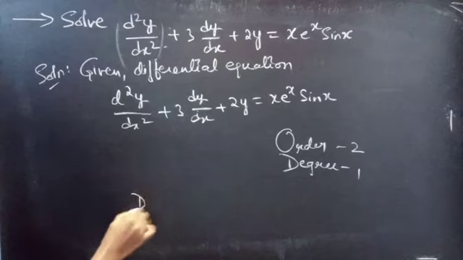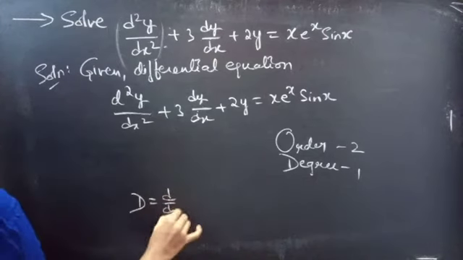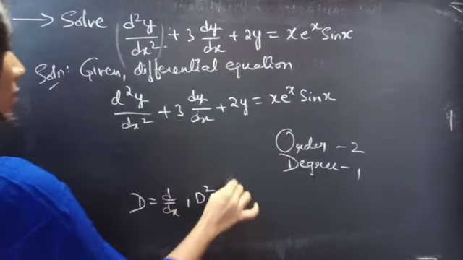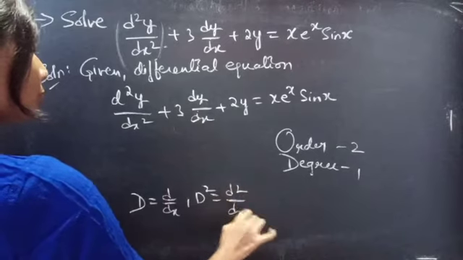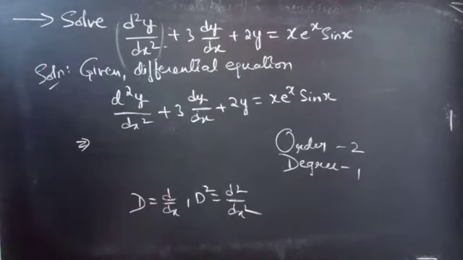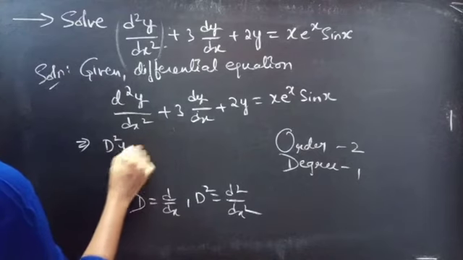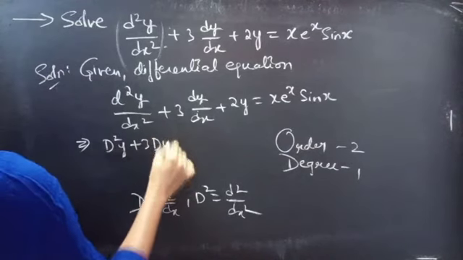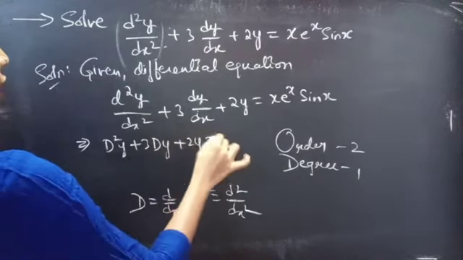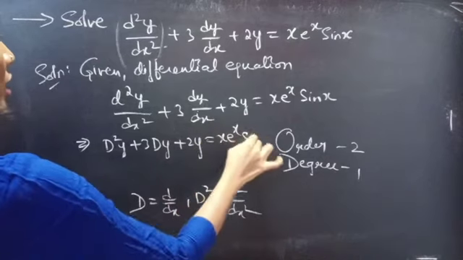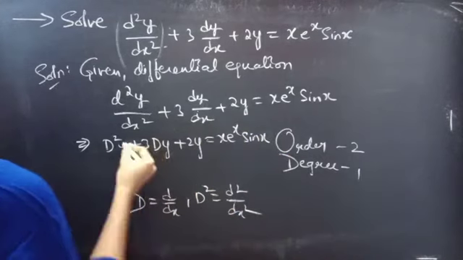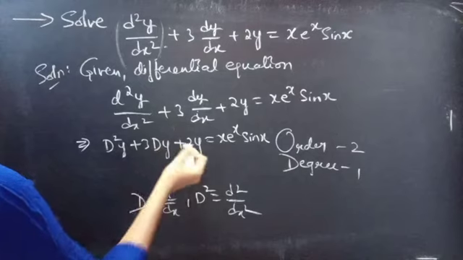We know that D is a differential operator, then D² will be d²/dx². Now we can write the given equation as D²y + 3Dy + 2y = x e^x sin x. Now take y common from all the three terms of the LHS.